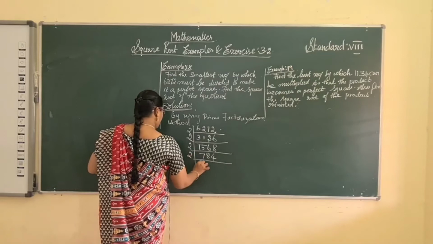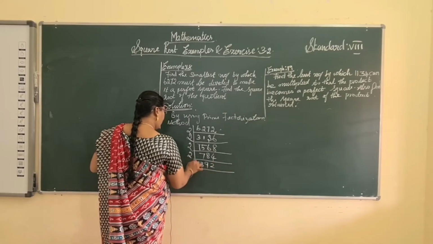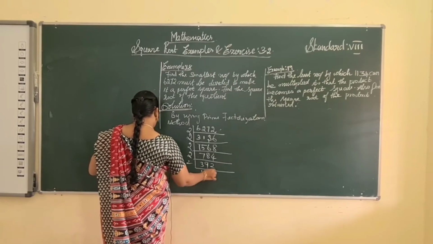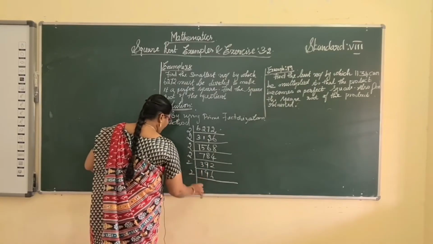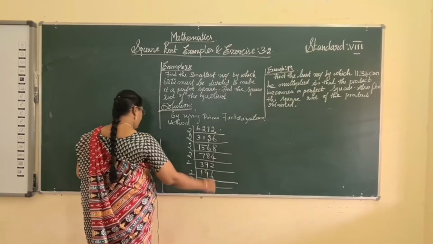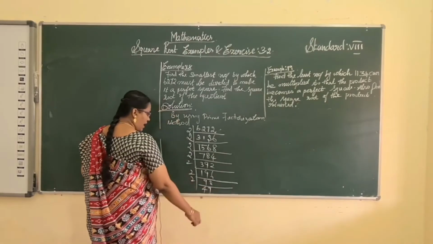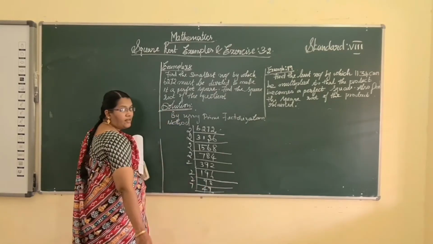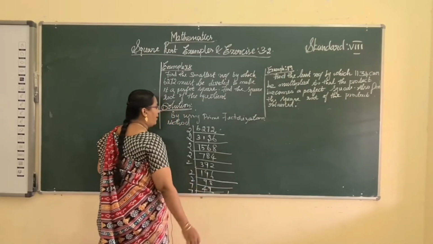Again 2 table, and again, until we get 49. Then the 7 table: 7 sevens are 49, and we get 1.